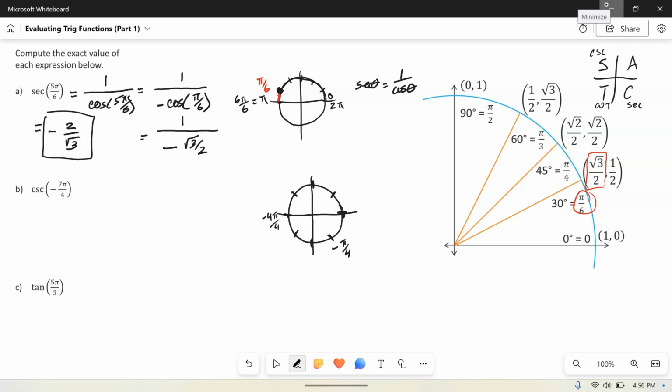Keep going. Negative 5, negative 6, and negative 7. So negative 7 pi over 4 corresponds to a point in the first quadrant.